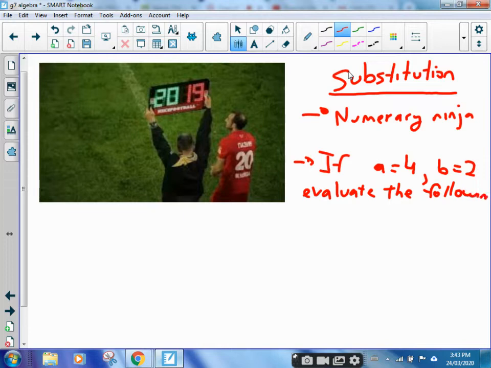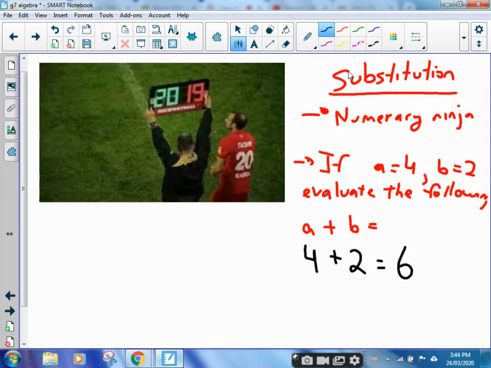So then substitution would be used. I would say, what is A plus B equal to? So we would use substitution. We would replace the letter A with 4, because A is 4. And we would replace the letter B with a 2. And then we would add it up.